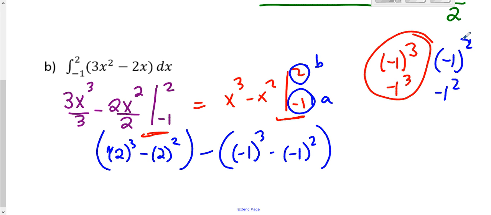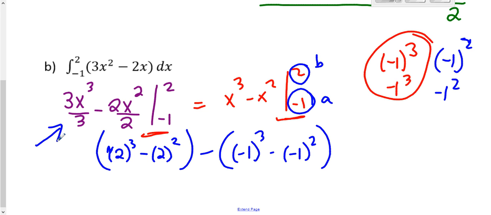Now, on the quiz, you would be done here. This answer right here would give you full credit, and you don't even need to show what's in the purple. If you just showed the red and the blue, full credit. You have integrated. You have done everything you need to do. Your notation is correct. Okay?